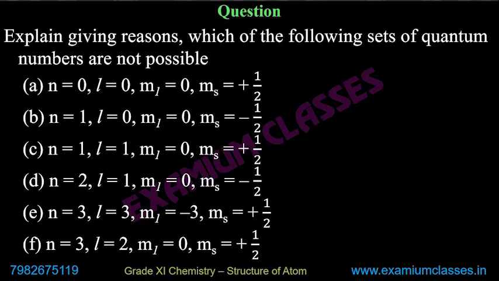Tanishi, Yash, Koyal, Samad, Naman, correct. Okay, so it is possible. This is straightforward. For the third one, you can have 0, 1, 2. Means 2 is possible. Within 2, you can have -2, -1, 0, +1, +2. So within 2, it is possible. And electron can be both +1/2 and -1/2.